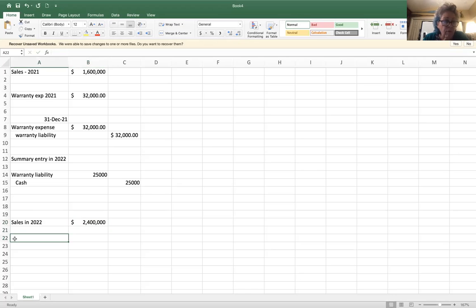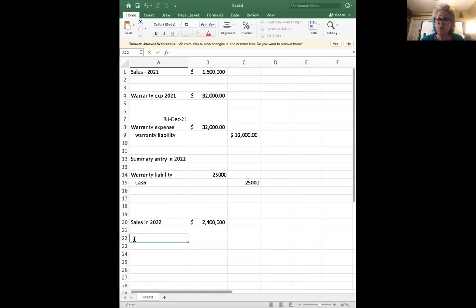But now they revised their warranty expense estimate from 2% to 1.5%, because they saw that their 2021 warranty expenses were lower than what they had estimated.